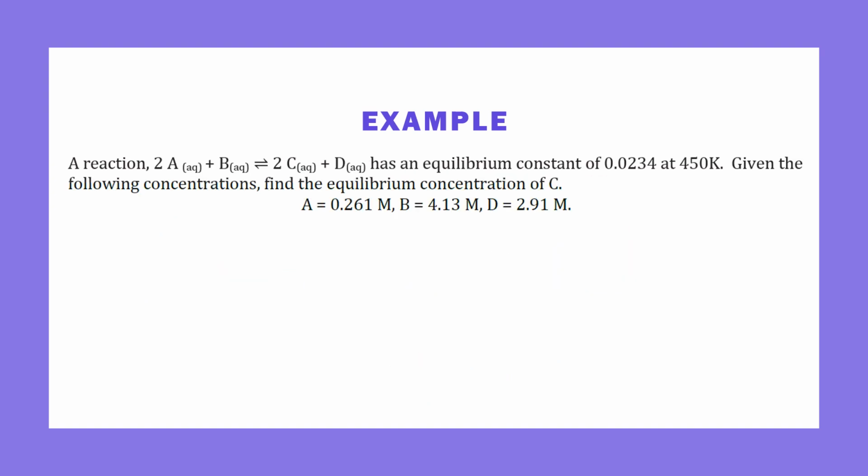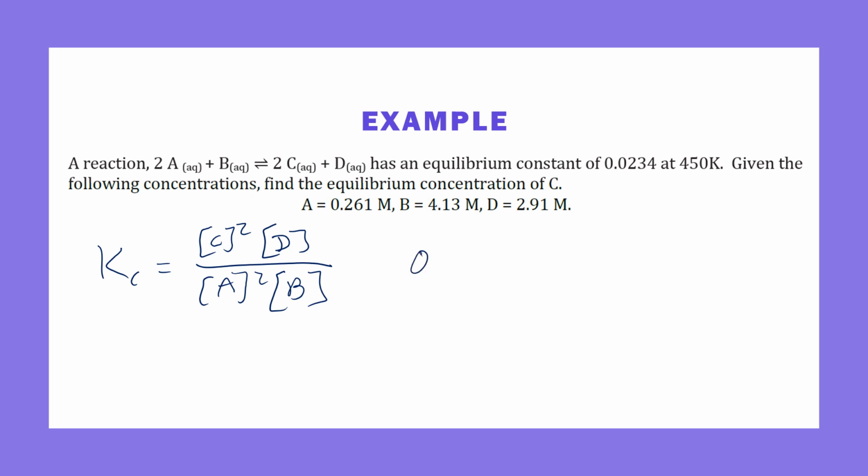All right, last example, we have an equilibrium expression for case C. We want to always write products over reactants. So C squared times D all over A squared times B. And then they gave us the equilibrium values. They tell us equilibrium constant is 0.0234.